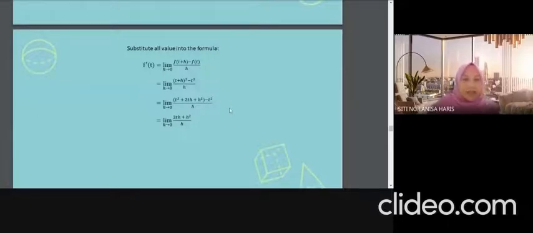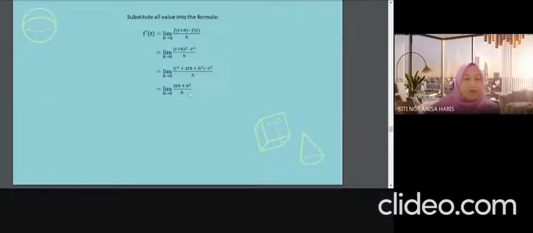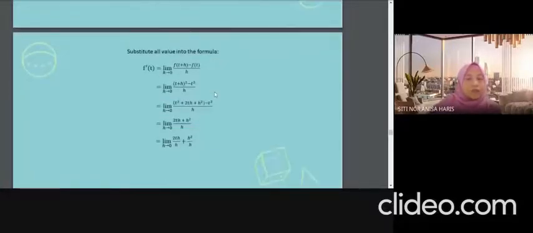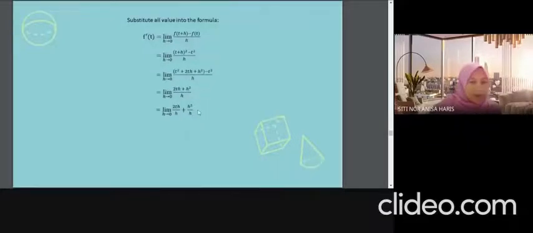Class, for this one, we need to separate the equation, and we will get 2t times h over h plus h squared over h. Okay, so from this, what do we need to do, class?